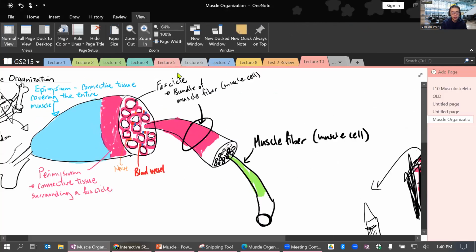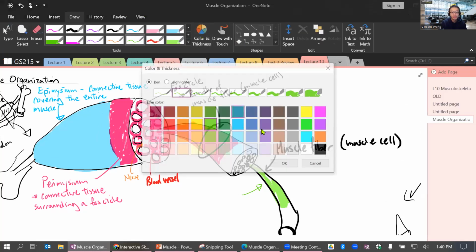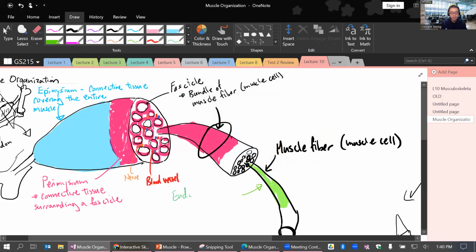That connective tissue is called the endomysium, which is connective tissue surrounding a muscle fiber, which is just another name for muscle cell.